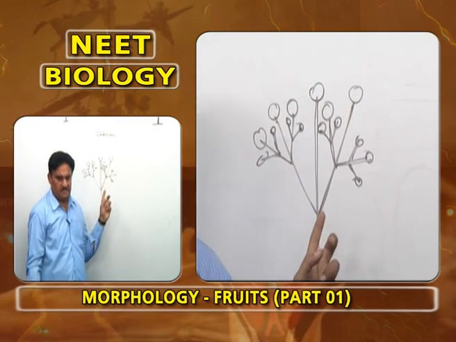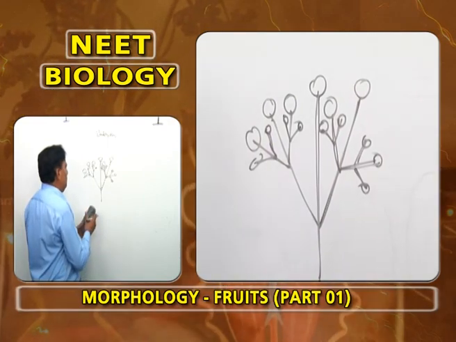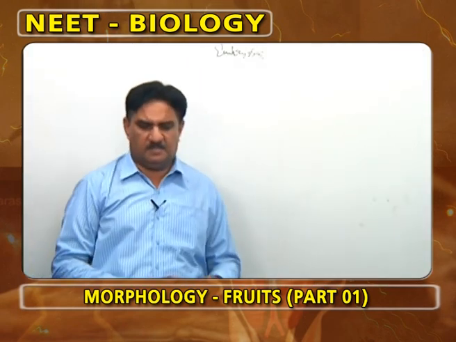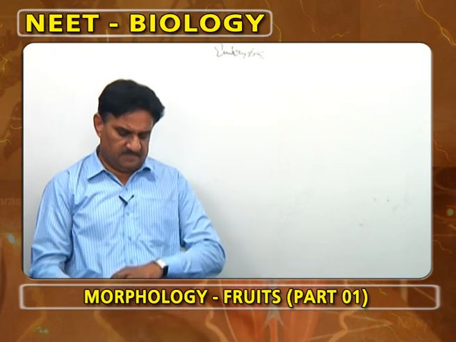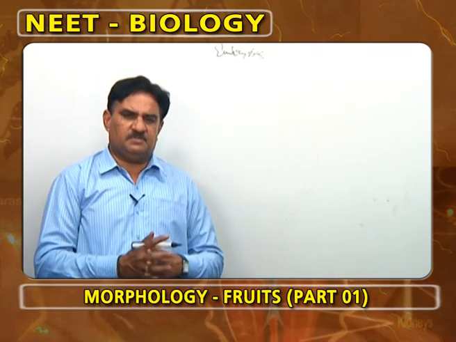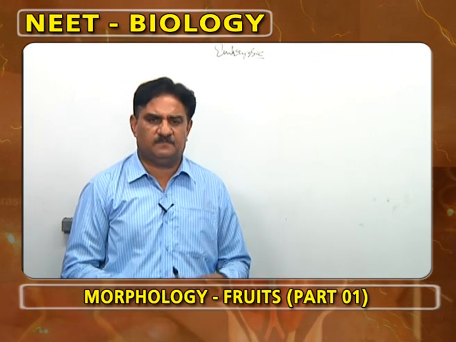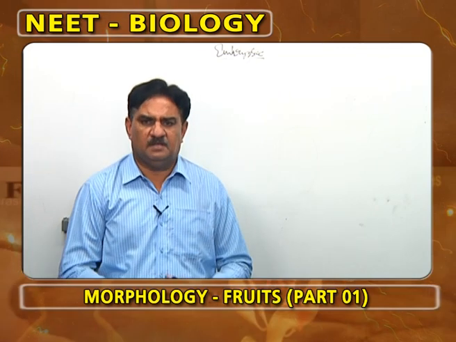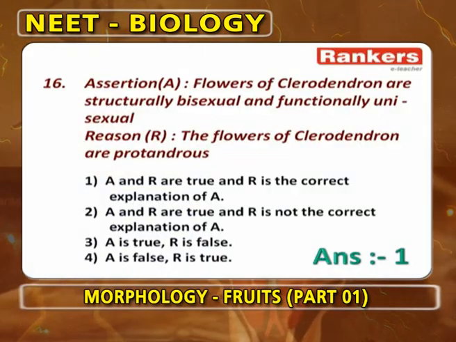Flowers of Clerodendron are structurally bisexual but functionally unisexual. Structurally bisexual because they contain androecium and gynoecium. But functionally unisexual because they show protandry. Protandry means androecium matures much before gynoecium. This is the most common type of dichogamy in the majority of flowers. Androecium matures much before and liberates the pollen grains.